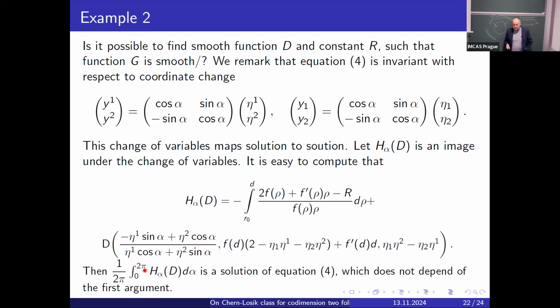So we can see the function h alpha of d and integrate with respect to alpha. So again, we use some averaging with respect to the action. After this integration, this coordinate y1 divided by y2 disappears. So we have an invariant coordinate here, an invariant coordinate here, and we have a non-invariant coordinate here. After averaging, this coordinate disappears.